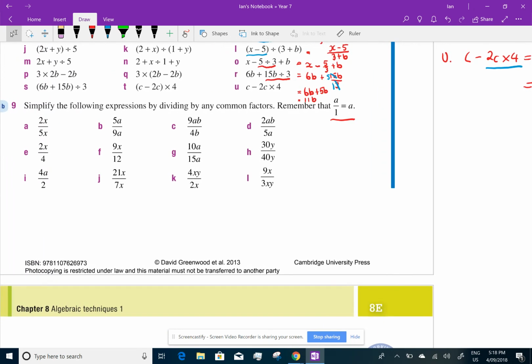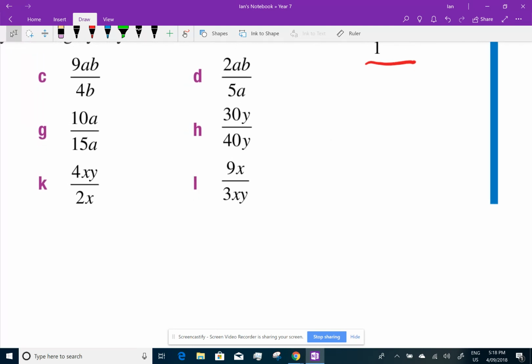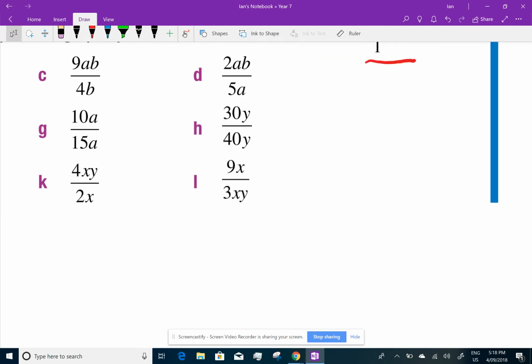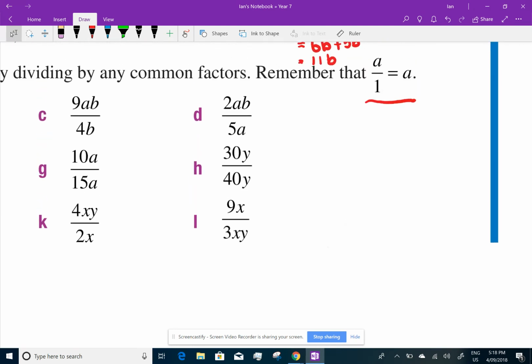Now, here we go. I'm going to do the last column here. Now again, this is going to be hard. But again, if you can cancel, it makes it easier. So here we go.